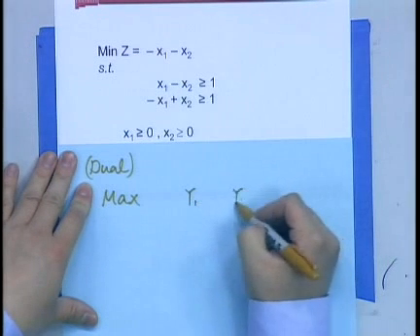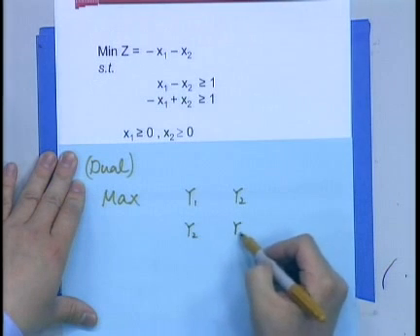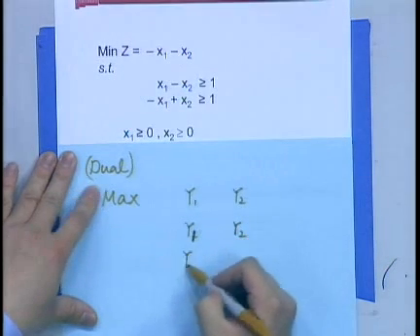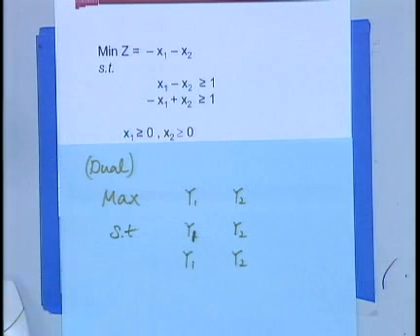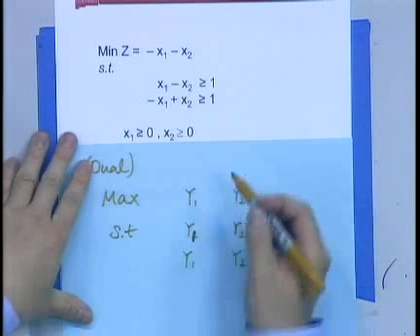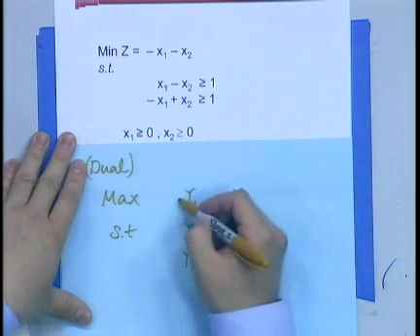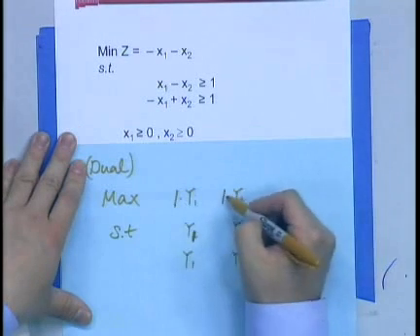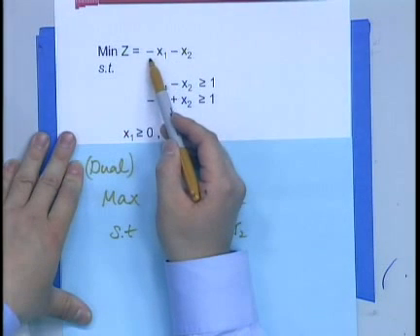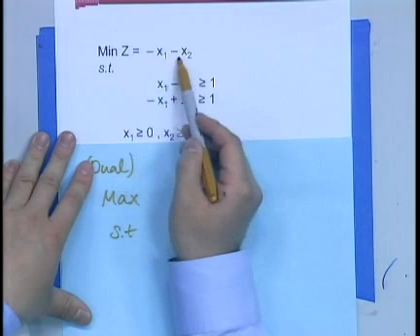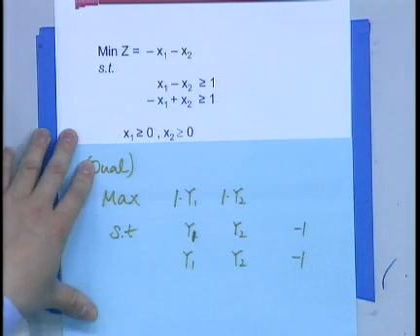So let's again use y variables for the dual decision variables. The right-hand side values in the primal problem, 1 and 1, become the objective coefficients in the dual problem, and the objective coefficients in the primal problem, -1 and -1, become the right-hand side values in the dual problem.